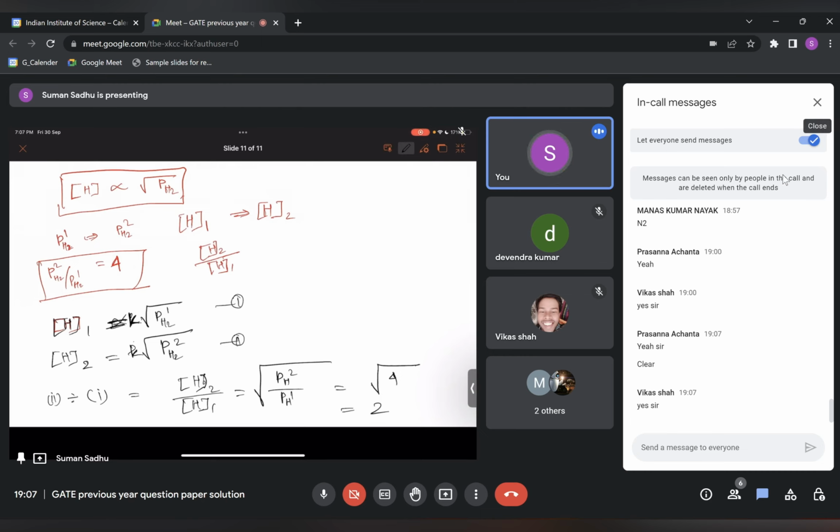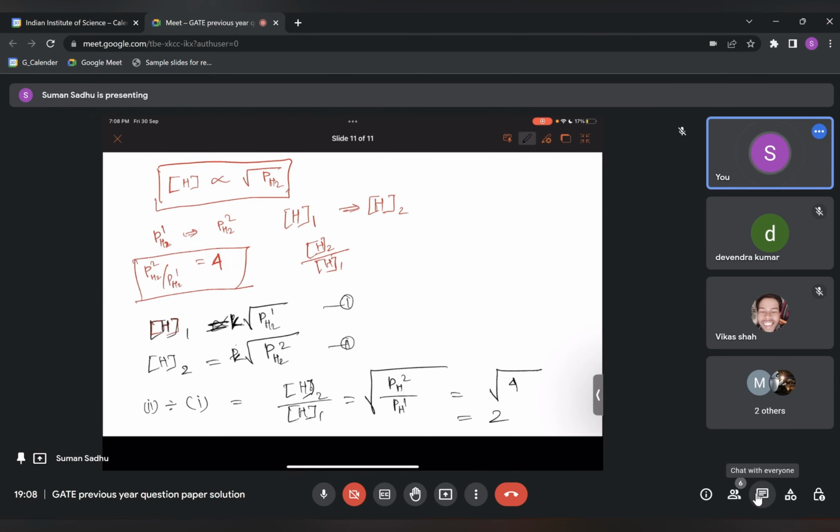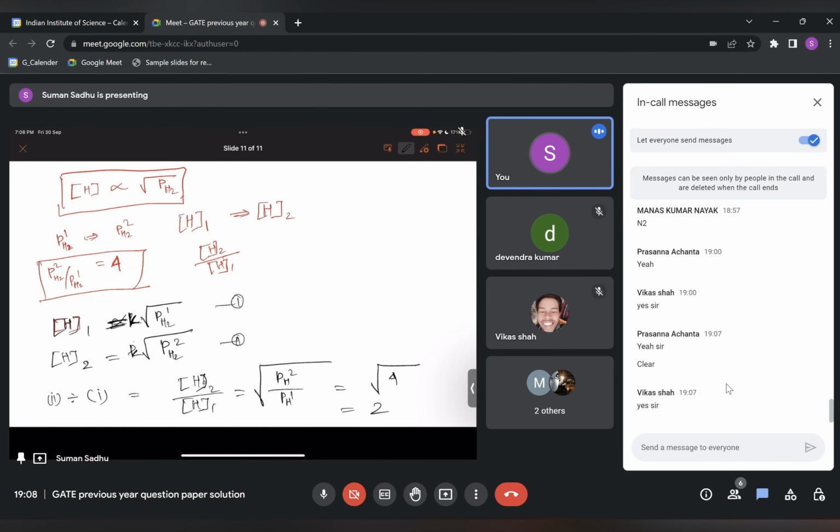Can you type in the chat box what Sievert's law is? Anyone? Or you can unmute yourselves. No, concentration is not directly proportional to the partial pressure.